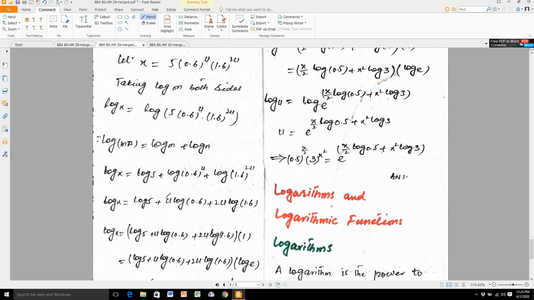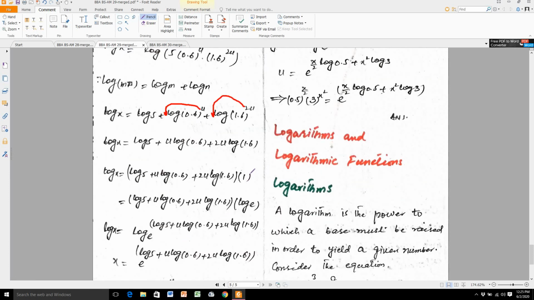And you see here log x is equal to log 5 plus this u comes in front of this log here, and similarly this 2u also comes in front of this log here. So log x is equal to log 5 plus u log 0.6 plus 2u log 1.6.